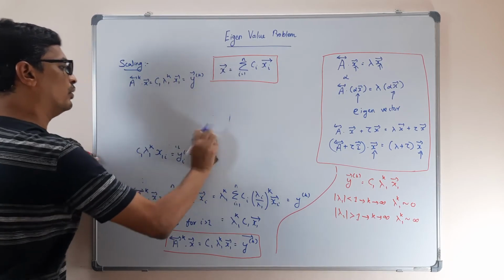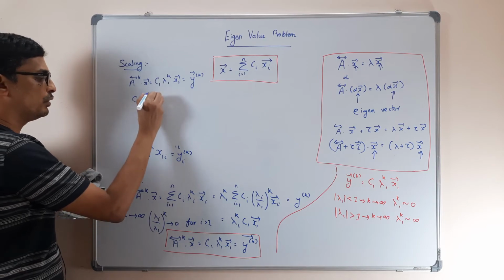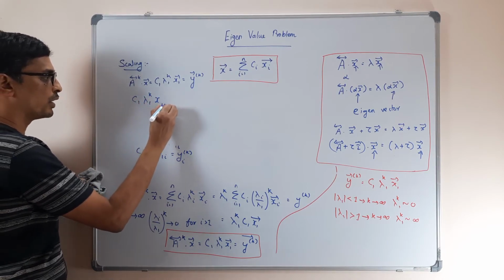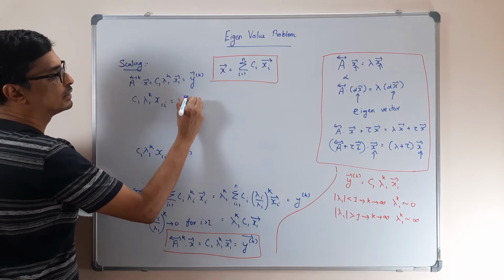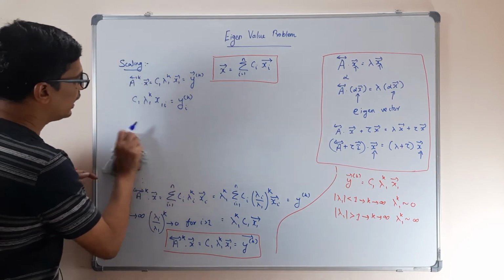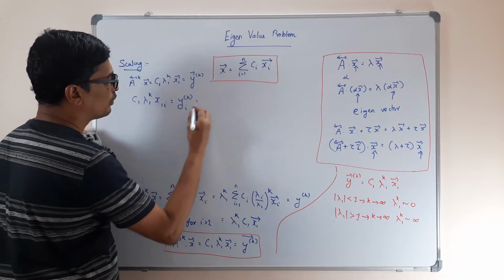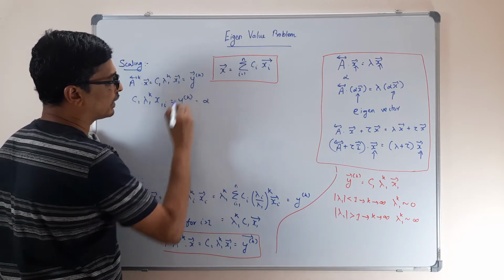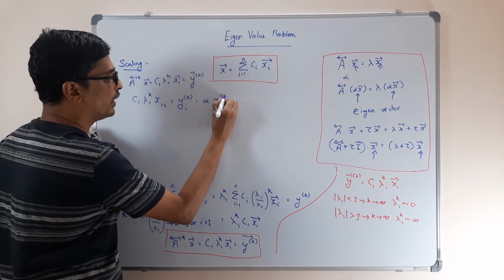So what we have is c1 lambda 1 to the power of k into x1i equal to the ith element of y. Now I am going to write this as alpha times, taking some factor alpha times x of the kth iteration.